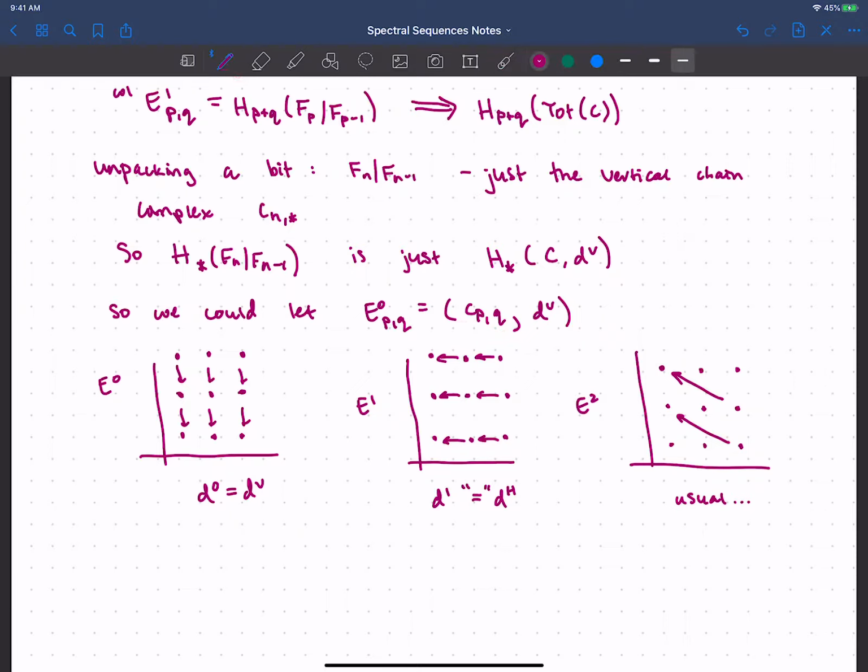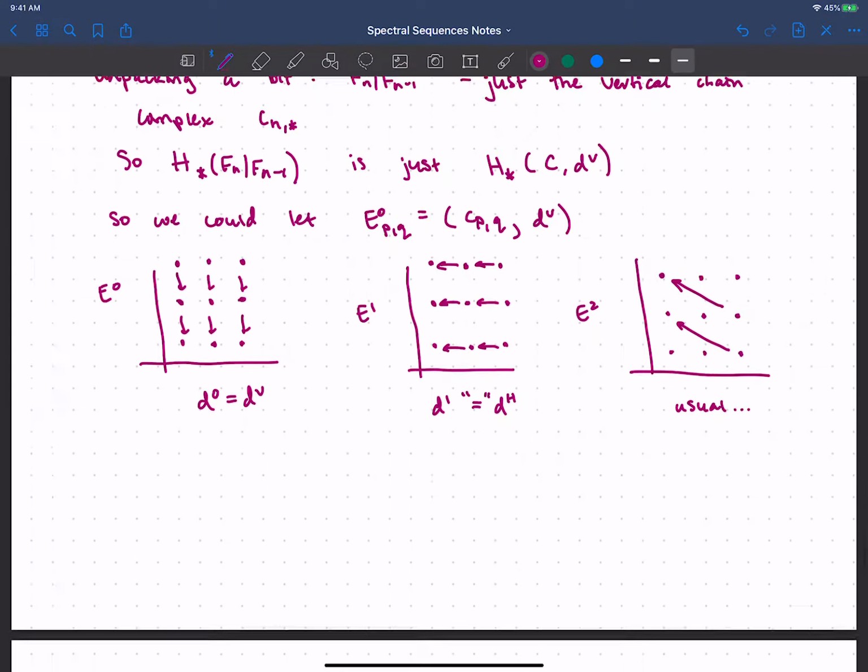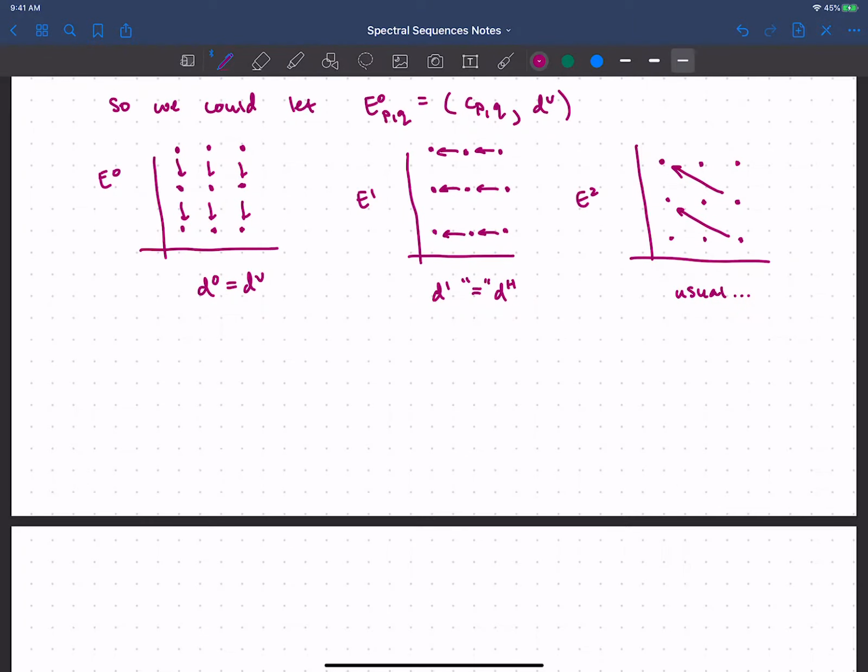Okay, and so then what we often do is abuse notation a little bit and say, well, what did we do to get to the E2 page?